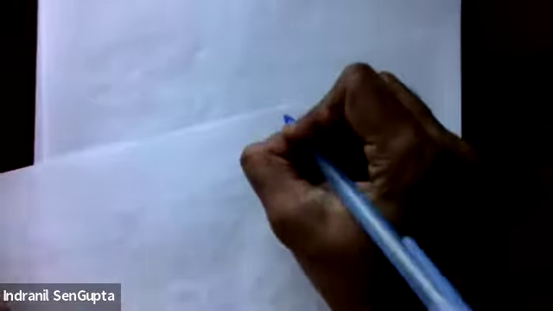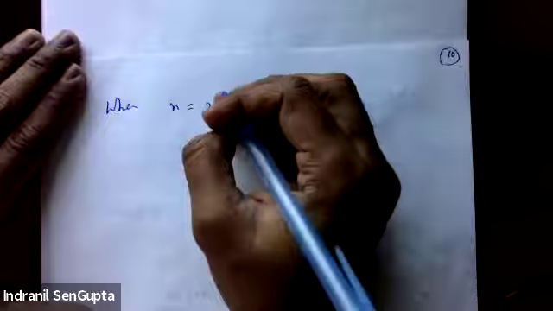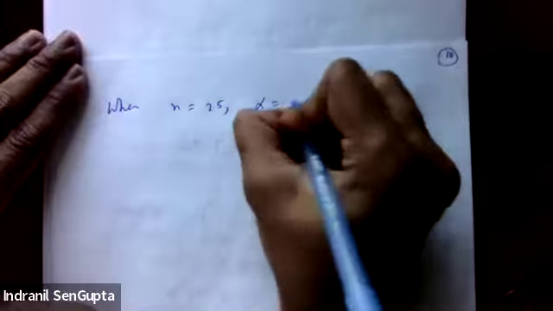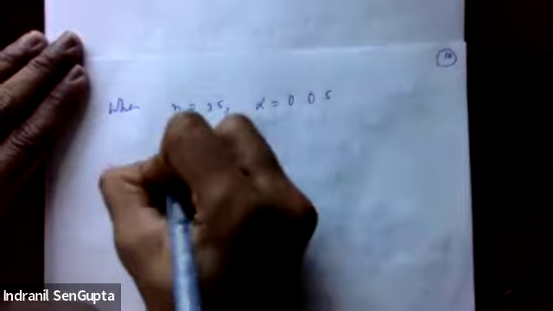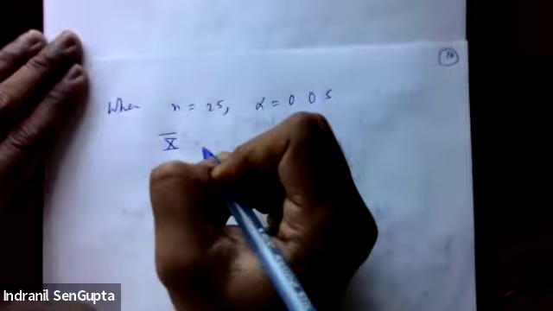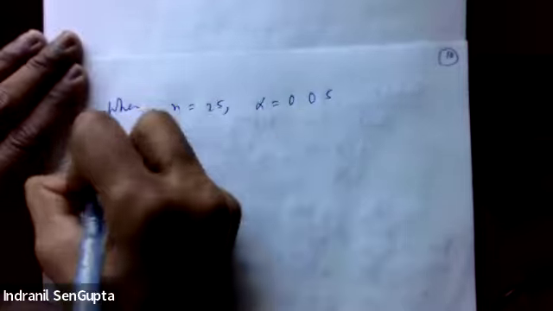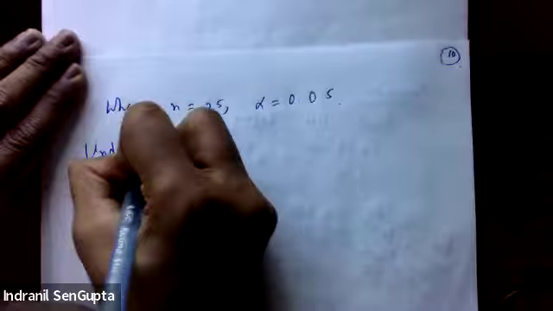Now the second part is more interesting. It says that when n equals 25 and alpha equals 0.05, let's see X bar under H0, the null hypothesis.